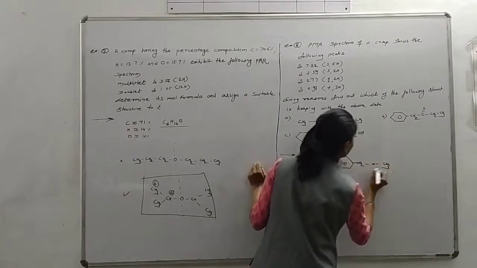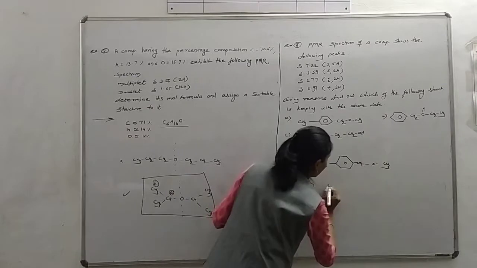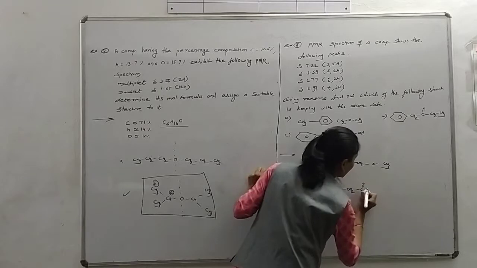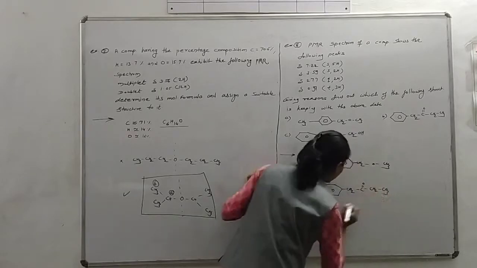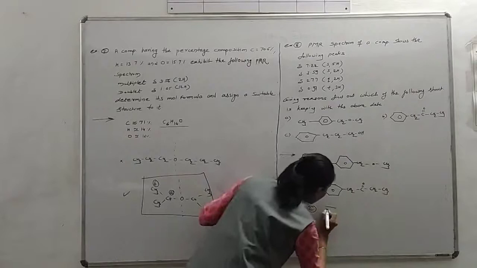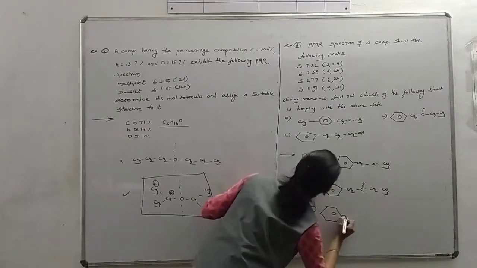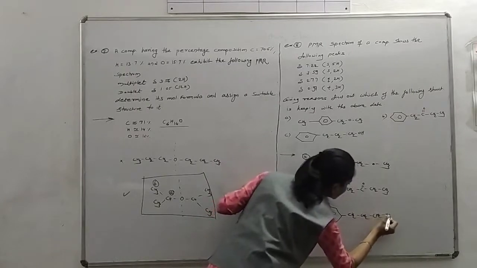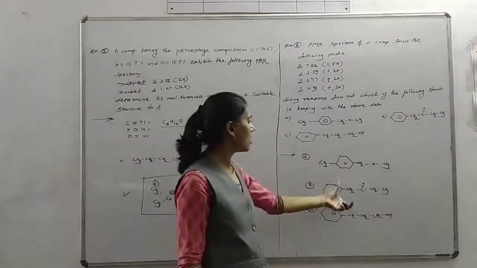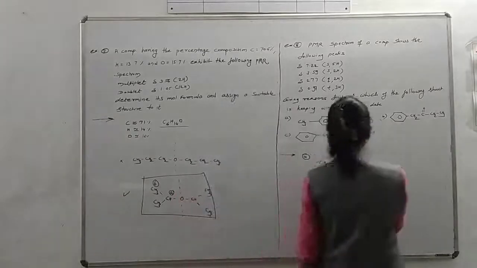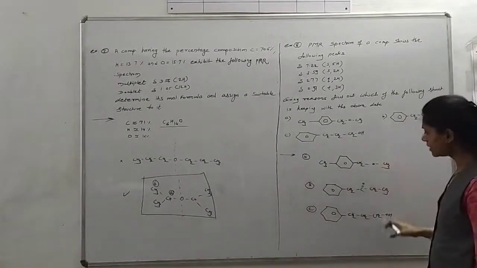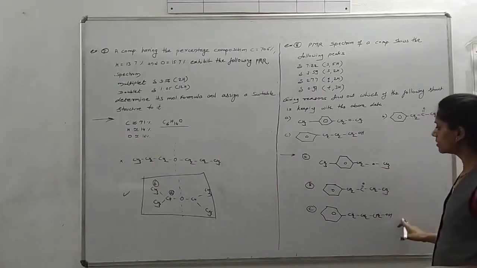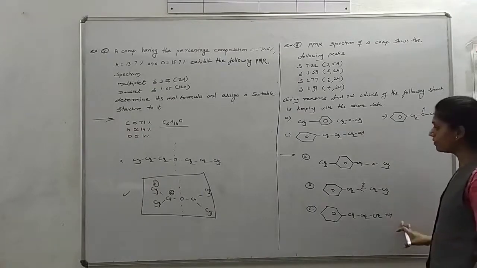A is CH2OCH3 with the aromatic ring, here B, then C, which is CH2, C double bond O, CH2, CH3, and then C is CH2, CH2, CH2, OH. Okay. These 3 structures are isomers of each other. When we count the molecular formula of each, we get the same molecular formula but different structural formulas. So all three structures are isomers of each other.